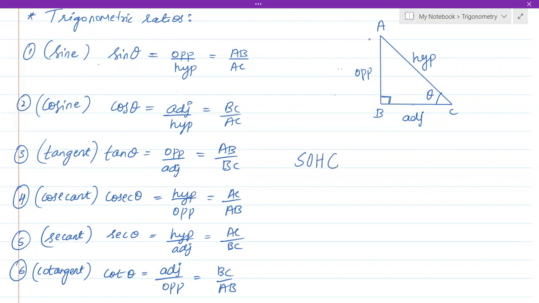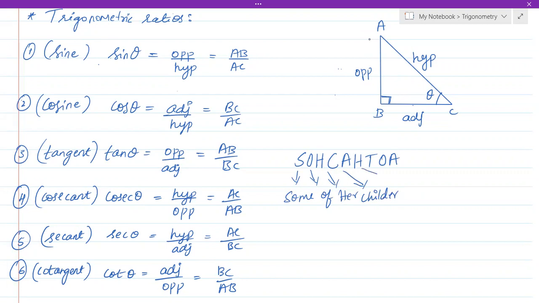Cos theta, let's take the first alphabet C. Cos theta is adjacent by hypotenuse. And let's take the first of tan theta, which is T, that is opposite by adjacent. Now, let's take this S as some, this O as of, H as her, C as children.